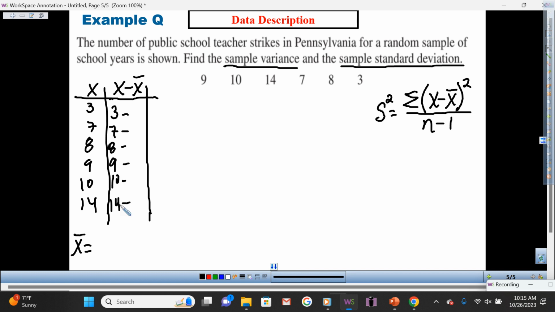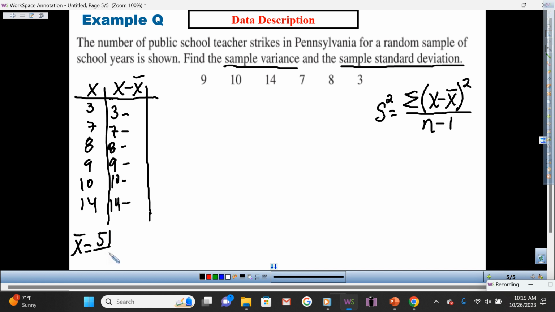What'd you get for the mean? Alex, go. What's that? Okay. 8.5?